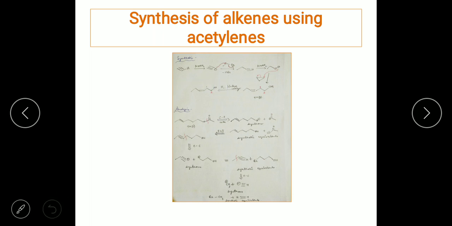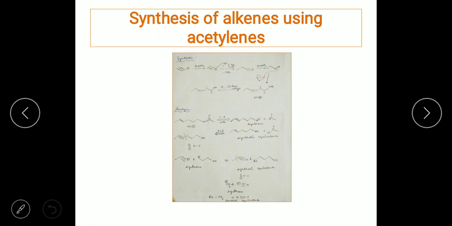Since it is a nucleophile, it can easily attack the electrophilic carbon, that is, the carbon which is bonded to the halide group, and there would be departure of the bromide ion. So minus H plus and minus Br, that is, HBr is eliminated, and you are going to get an intermediate of this kind, which is nothing but a butyne again generated.